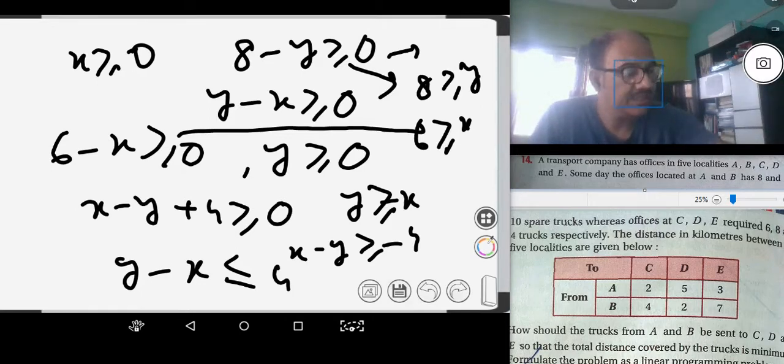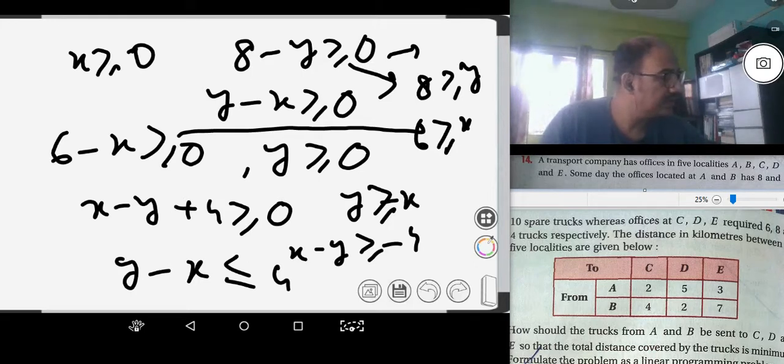So what are the constraints? Finally we have x greater than 0, 8 is greater than or equal to y, 6 is greater than or equal to x, y minus x is less than or equal to 4, and y is greater than or equal to x, y greater than or equal to 0.